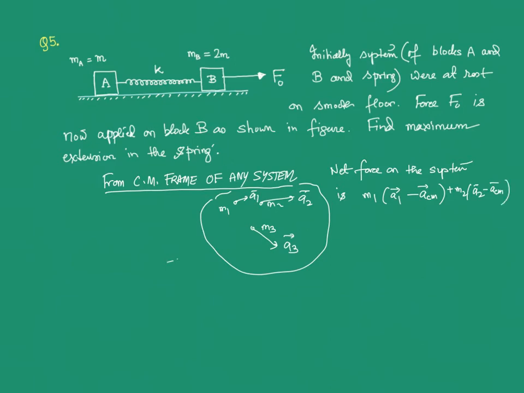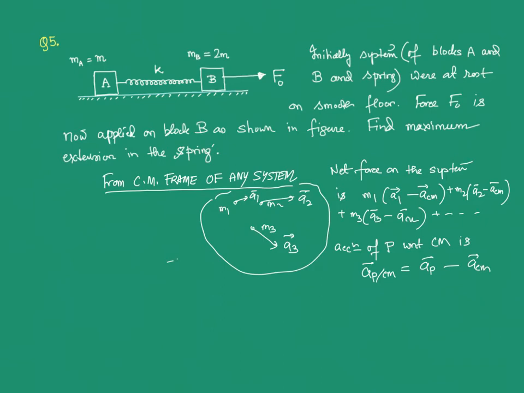The acceleration of any particle p with respect to CM is the acceleration of p minus the acceleration of CM, with vector signs. Plus m3 into a3 minus ACM, like so.